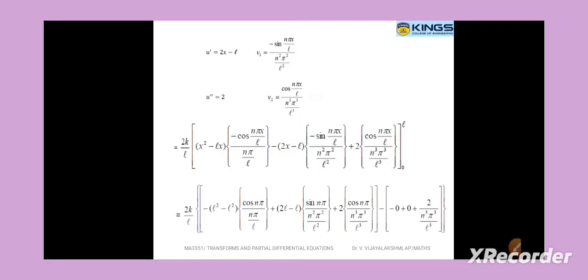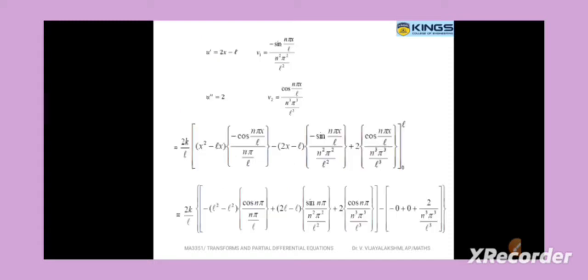Now find out the corresponding v1 and v2. So v1 is the integration of v. Already we found that the value of v is equal to minus cos n pi x by L divided by n pi by L. Now you have to integrate this function with respect to x, and you will get the value of v1. Integration of cos is sine, so v1 is minus sine n pi x by L divided by n square pi square by L square.